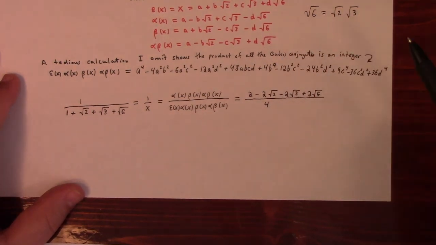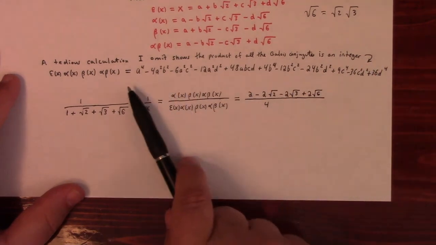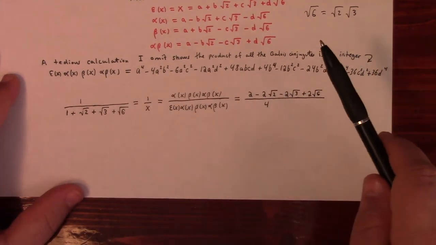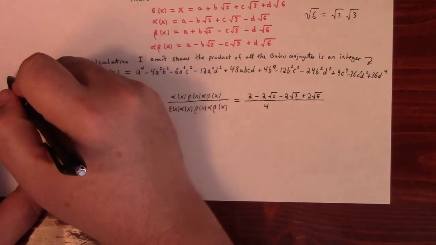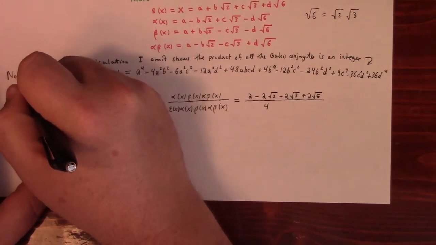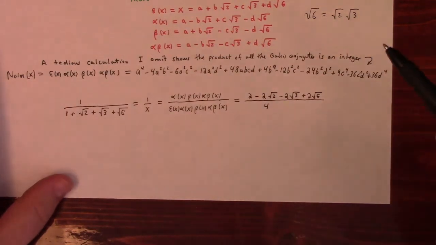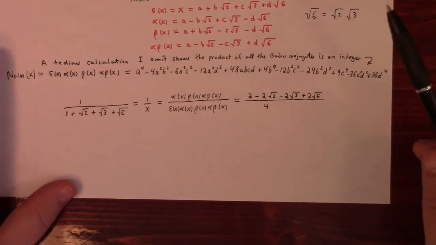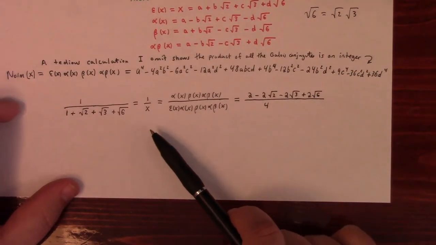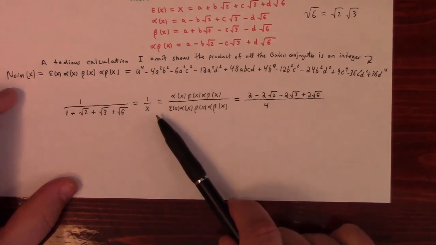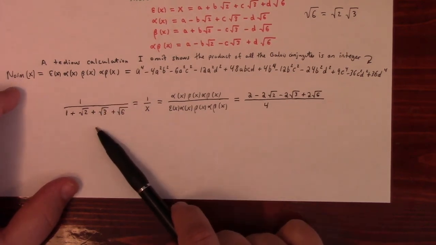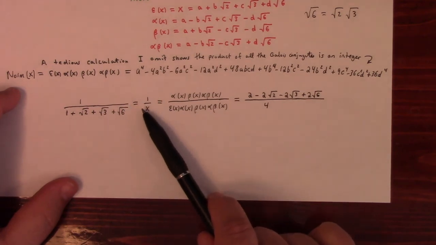Okay. Anyway, so that's the product of all these, and usually they'll call it the norm of x. All right. So the norm of x is an integer, as it happens, and so you can do the conjugate trick. See, like this. So suppose you want to conjugate that. That's what I'm calling that thing x.